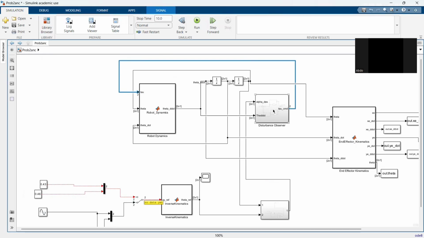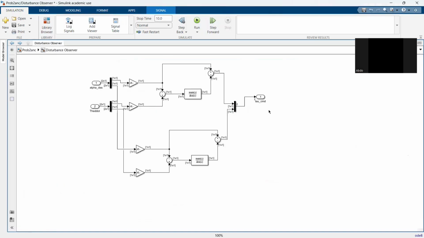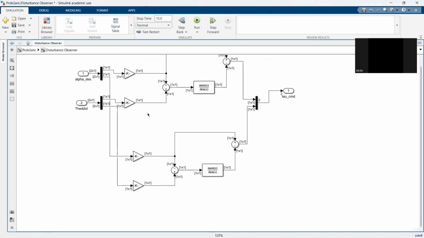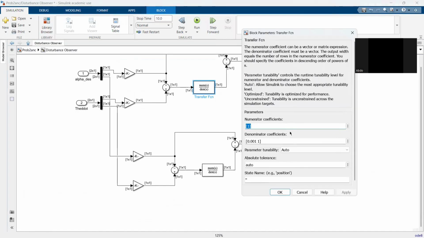It compares the desired acceleration with the actual acceleration. If there is any difference, it treats it as an estimated disturbance. The estimated disturbance passes through a low pass filter. This one.